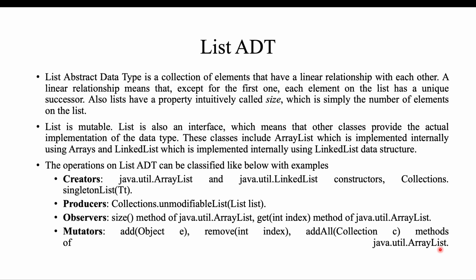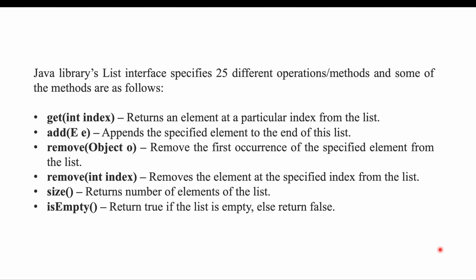These are some of the methods already there in java.util.ArrayList. The list ADT specifies 25 different operations or methods, and these are just some of them. Like get(int index), which returns the element at a particular index from the list. add appends the specified element to the end of the list. remove(Object) removes the first occurrence of the specified element from the list. remove(int index) removes the element at the specified index. size returns the number of elements of the list. isEmpty returns true if the list is empty, otherwise false.